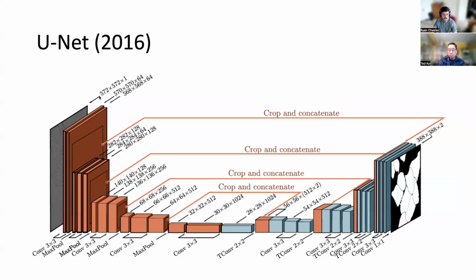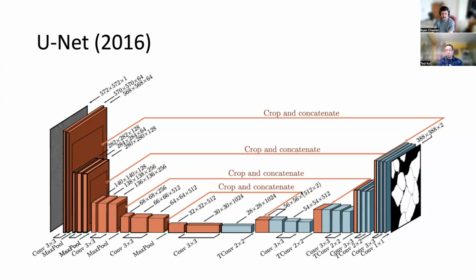The way that this works is we have 572 by 572 as input, and it's going down, down, down in size on the XY axis and going larger on the channel size. There's a bunch of convolutions, max pooling, and then we get all the way down to here where we have essentially a small XY, many channels, and then it starts going back up to this final resolution.